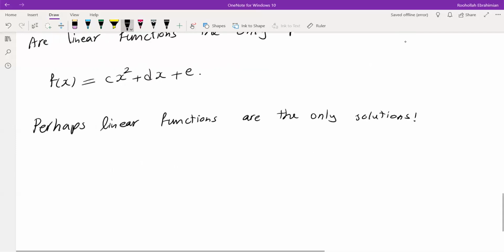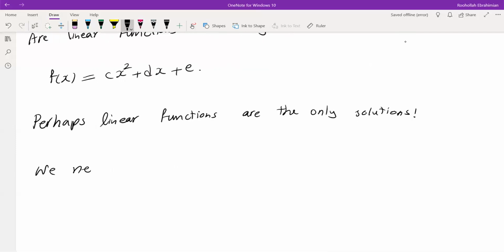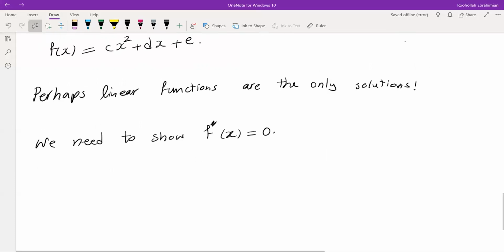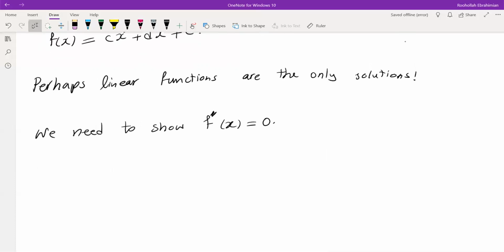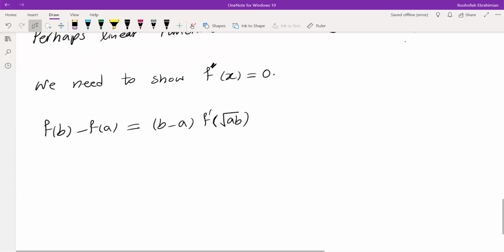So what we need to show is f double prime of x is equal to 0. So that's what I need to show. But I don't even know if the function f is differentiable. All I know is this: f(b) minus f(a) equals (b minus a) times f prime of root ab. That's what I know.